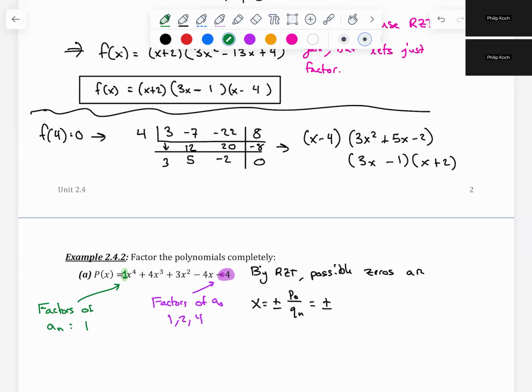These are my favorite ones because the denominator is only ever 1, so you only get integer numbers, which is really nice. Once you start dealing with fractions, it's never fun. But this will be plus or minus 1 over 1, which is just 1. Plus or minus 2 over 1, which is 2. And plus or minus 4 over 1, which is 4. So we have 6 things to check.